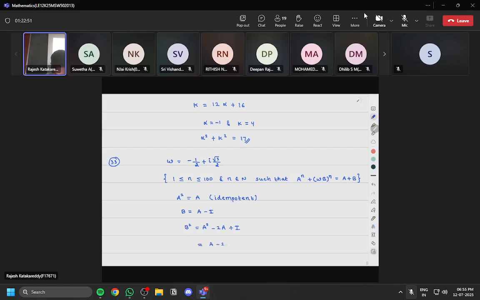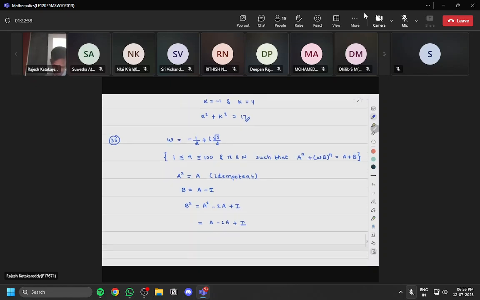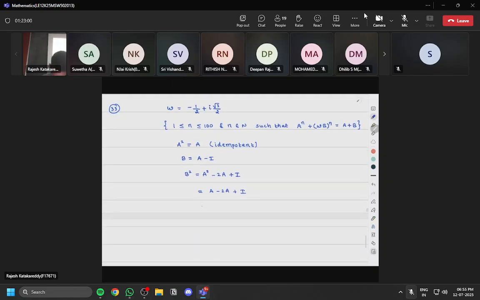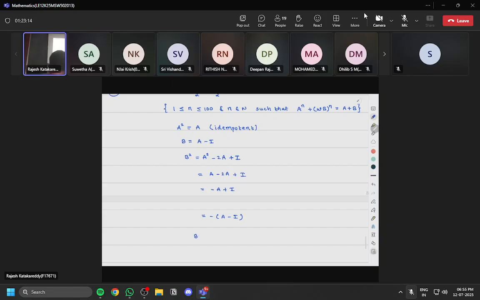A minus 2A plus identity. So we have here minus identity plus minus A plus identity, so minus 1 into A minus identity. So I have here B square is equal to minus B.